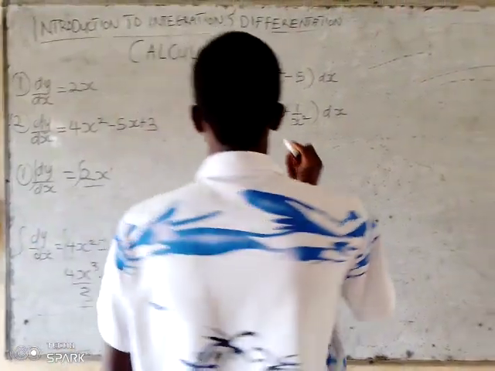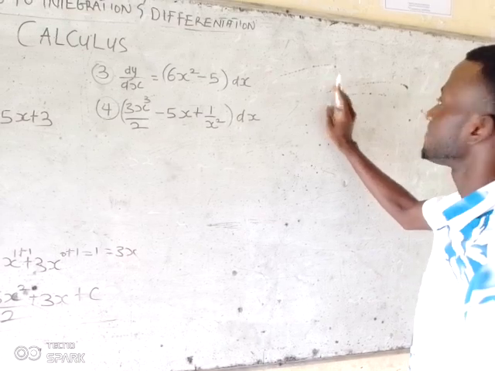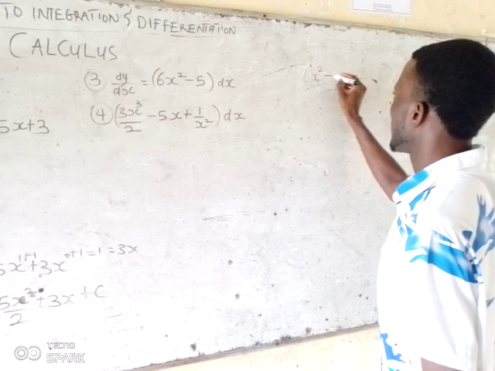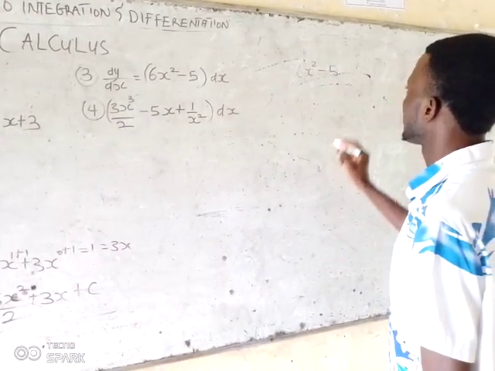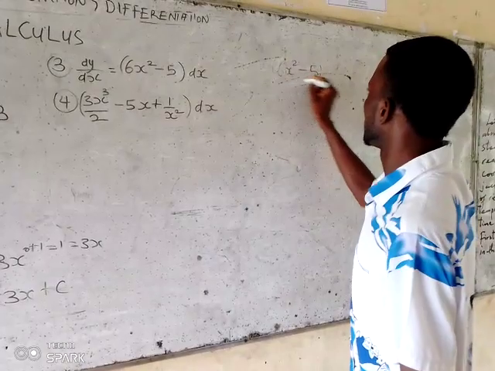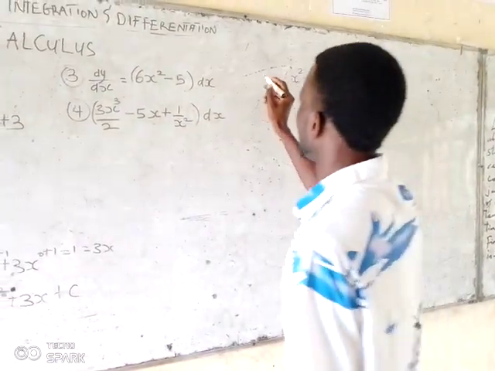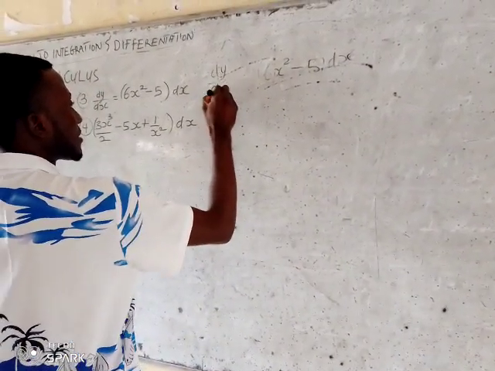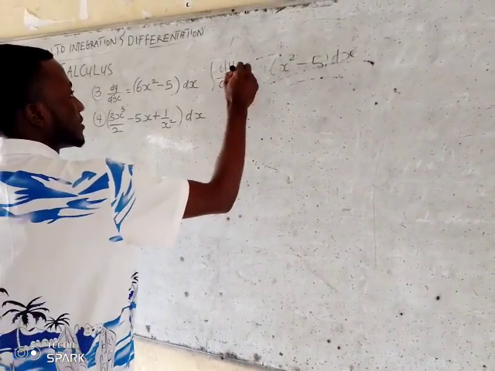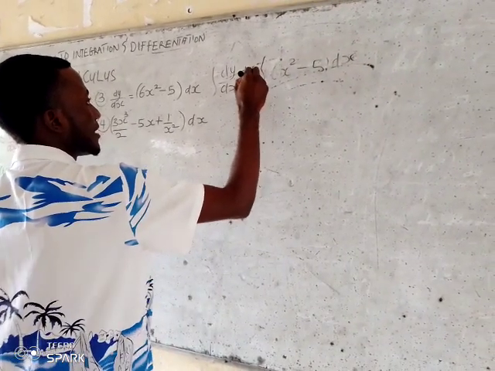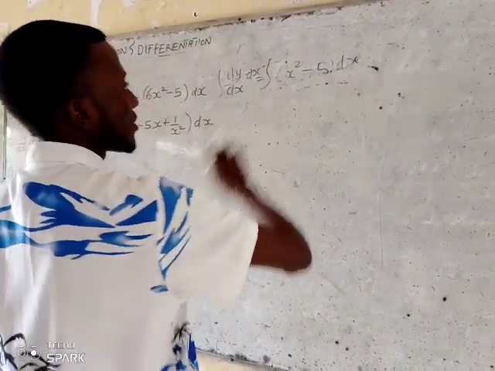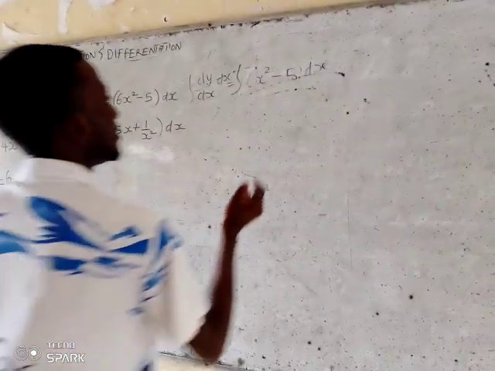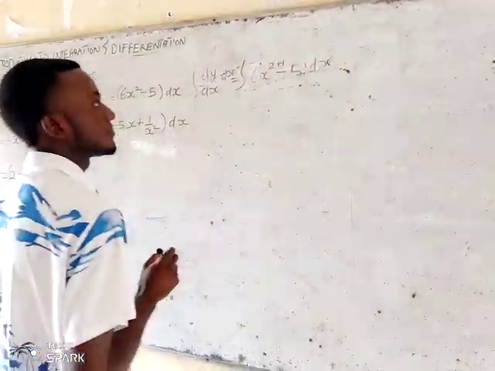Let's go to another simpler integration problem. We have 6x squared minus 5, that is dy over dx. Let's just write that we are integrating both sides. We have 6x squared minus 5 dx. So remember our rule: add 1 to the power, then divide by the new power.